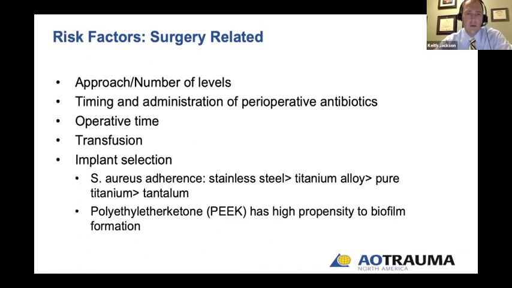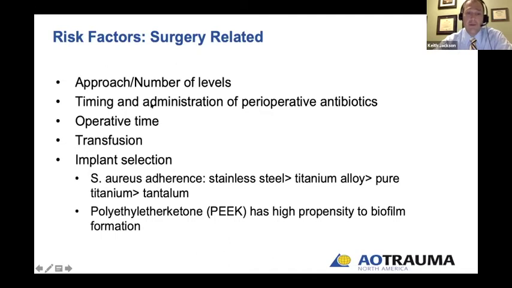As the number of levels increases, the magnitude of surgery also increases. The amount of time that the instruments are open and can become contaminated increases, the blood loss increases, the risk of transfusion increases, and the dead space created also enlarges.